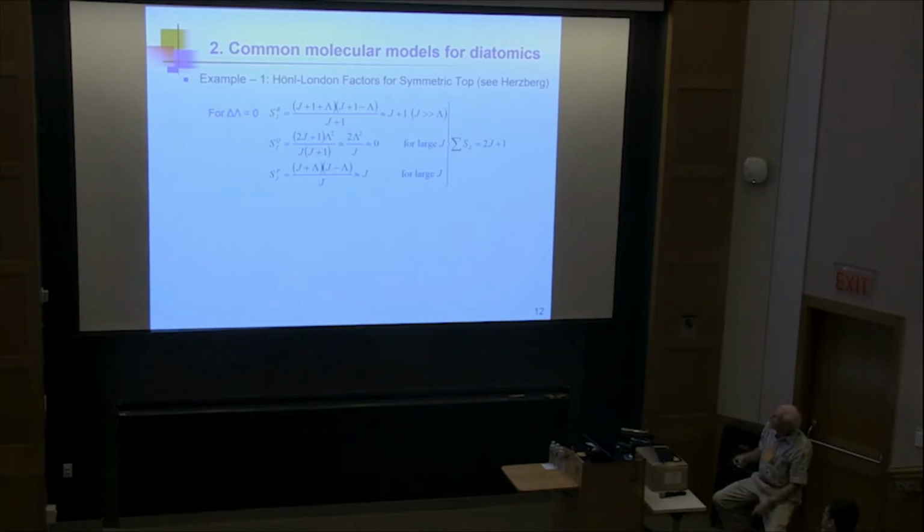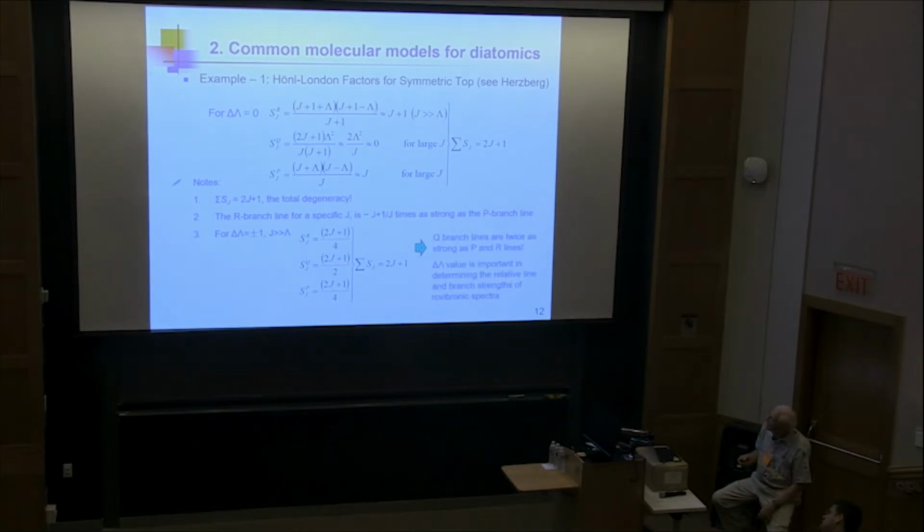The probability for the P is J over 2J plus 1. So it's really just relative probabilities. If you're in a given J and you're going up in a given delta V, and you just want to know P versus R, my principle says that they should be equal. Hönl-London says no, they're not quite equal. The ratio is J plus 1 over J, more likely in the R than the P. So that explains everything. The Hönl-London factor explains the questions that I've been getting.